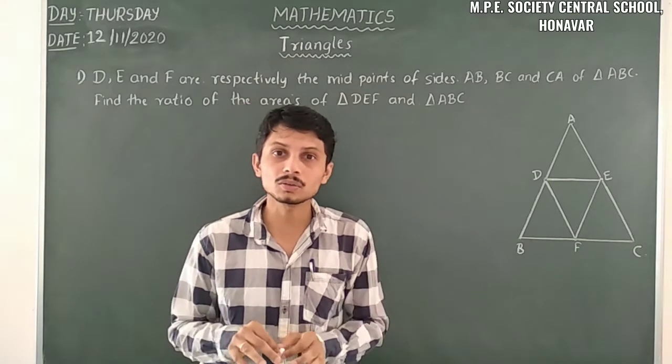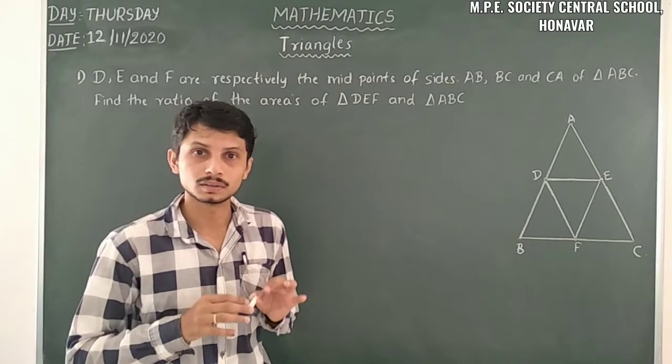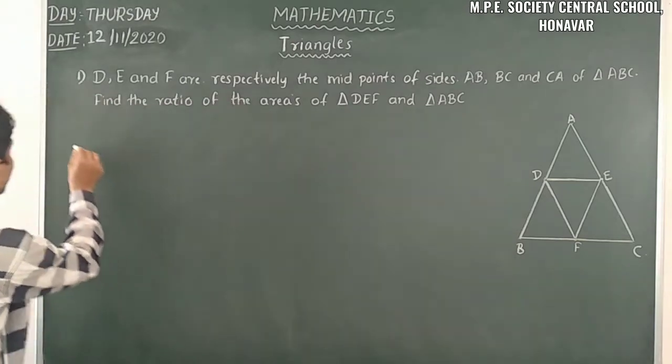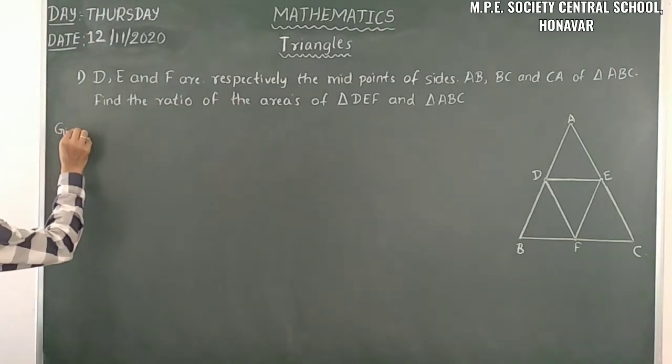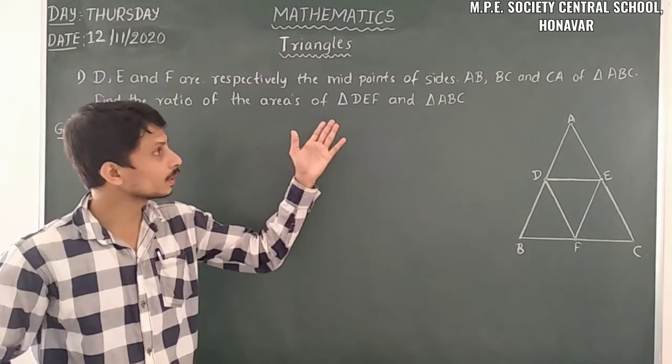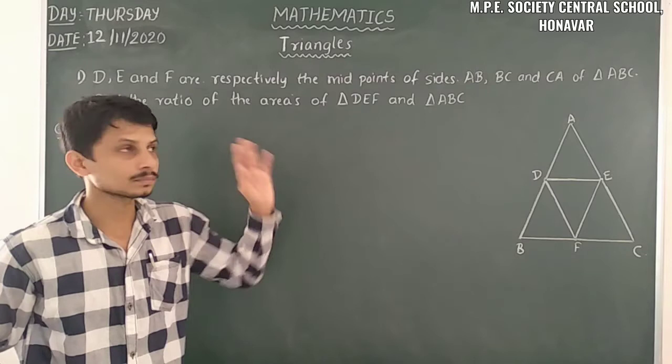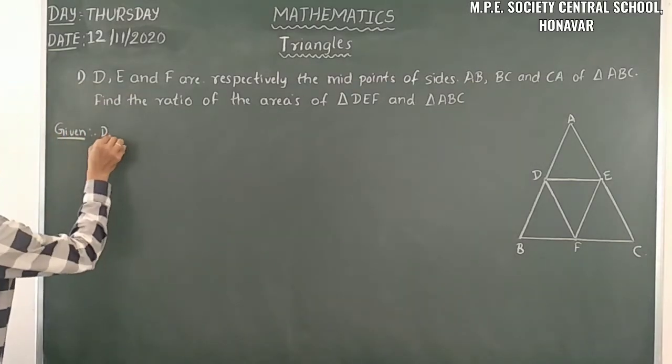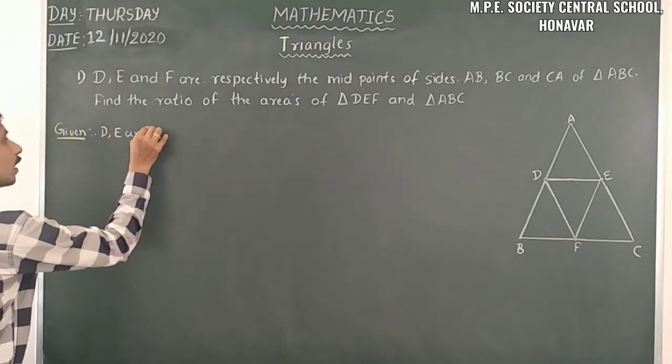Firstly, what are the given terms here? Given: D, E and F are the midpoints of AB, BC and CA.